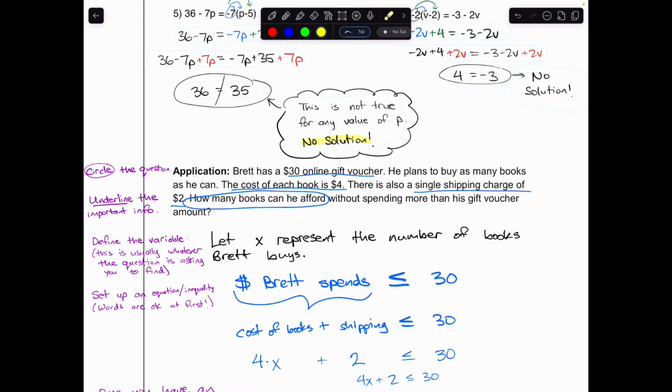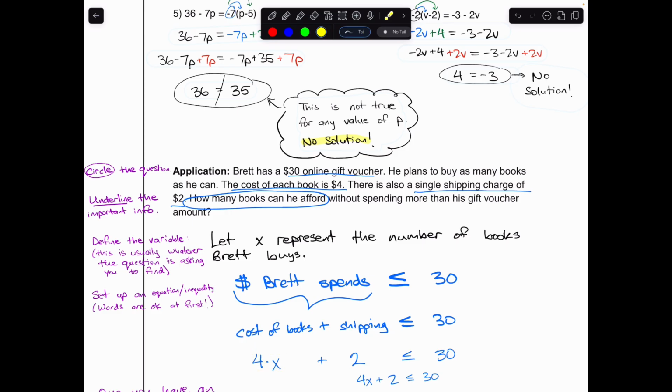And then slowly we want to work towards turning these words into expressions. So the money he spends, how could we write that in numbers and variables? Well, that's what we underlined. So, I guess not that one, but the cost of each book is $4. So if he buys x books, we would need to multiply that by 4 to see how many dollars that's worth, right?